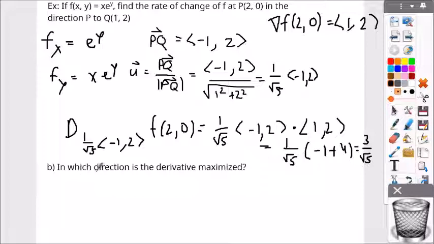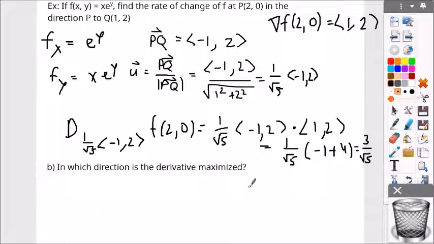In which direction is the derivative maximized? The derivative is maximized in the direction where the unit vector is in the direction of the gradient vector. So how are we going to get that? The gradient vector is (1, 2), right?